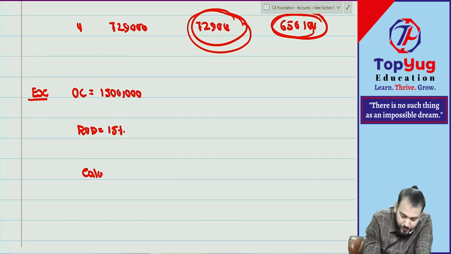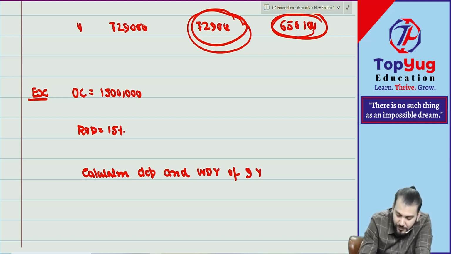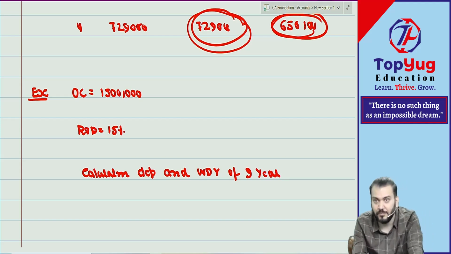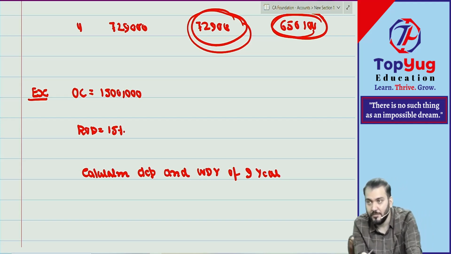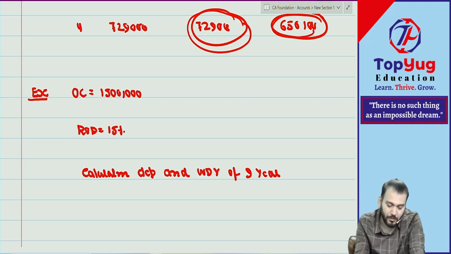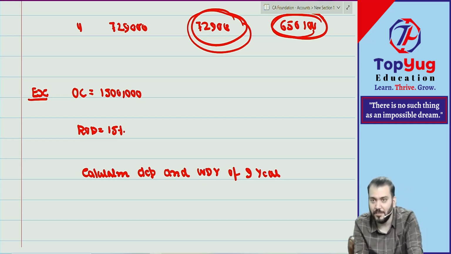Calculate depreciation and WDB of the ninth year. When I say WDB at end, it means at end. Calculate at the end of the ninth year. Do it on the calculator.